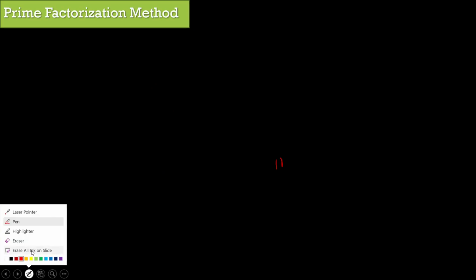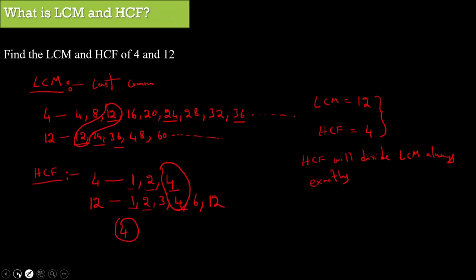So now here we are going to find out how the LCM and HCF are done using the prime factorization method. Let us see how to find the LCM using prime factorization. We'll take some numbers here, 10, 15 and 20. So what is the prime factorization?